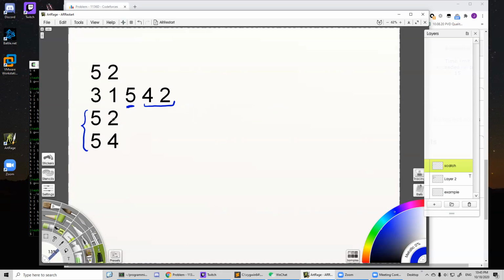And also, we need to make sure that digit is not removed from the array already, right? If it is already removed from the array, we don't need to count it in, right?